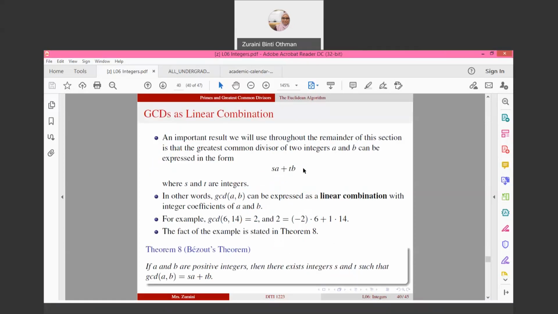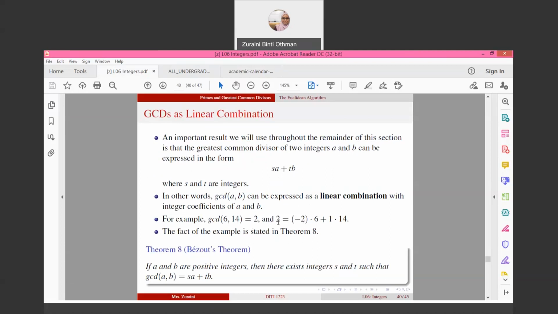Okay, so now here, an important result we will use throughout the remainder of this section is that the greatest common divisor of two integers a and b can be expressed in the form of sa plus tb, where s and t are integers, okay, which is the linear combination for this. Okay, so now we want to find the linear combination for this. 6, 14 kat sini.